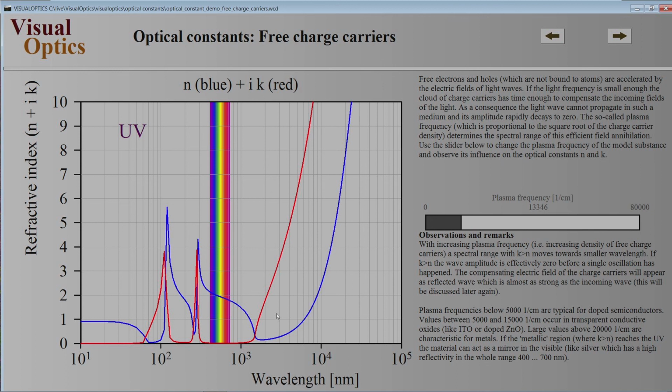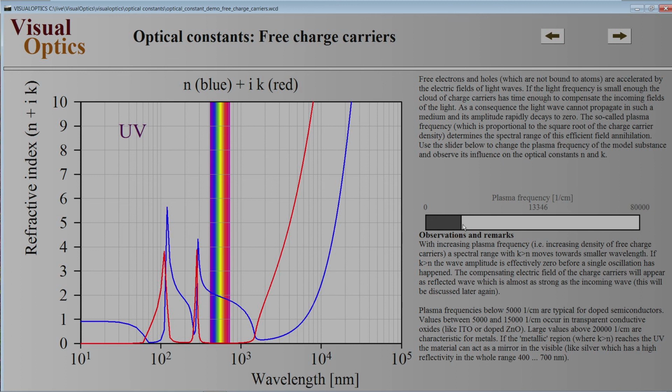An example would be ITO, indium tin oxide, which is used as a transparent material in the visible with high conductivity, made by these free charges that can move, and they have a high concentration. These kinds of materials obviously can be used as transparent contact materials for, let's say, solar cells or displays.